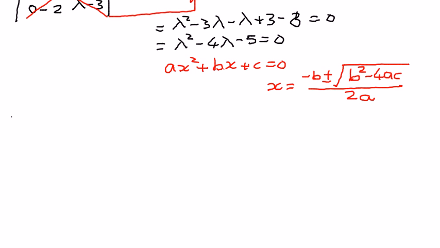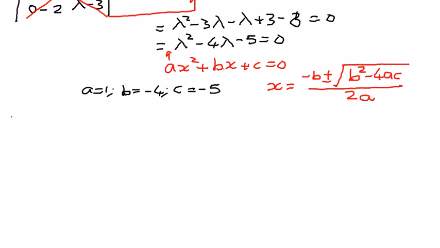In here, we want to recognize the values of a, b, and c. The value of a for our given problem is 1, b is equal to -4, and c is equal to -5.